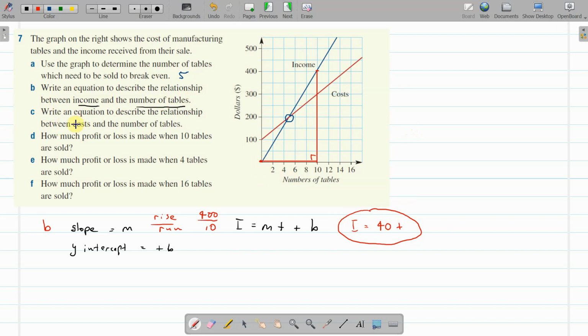Relationship between the costs and the number of tables. Okay, same process. This time we're doing the red line. So we need the slope and the y-intercept. Slope, now we do another triangle. 2 points on here, let's do it in a different colour. Let's go green. Good places there, and maybe there, or even there.